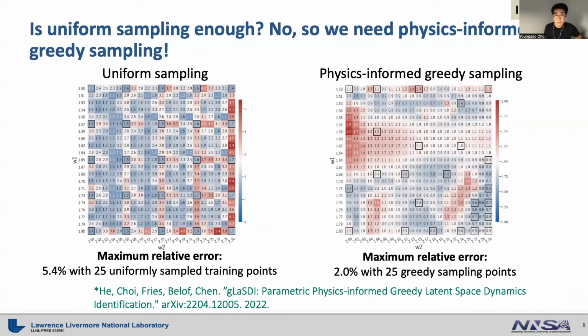As you can see, the training points were not sampled uniformly. More samples were chosen on the right bottom corner, which makes sense because the relative error with the uniform sampling was high on those right bottom corners. With this physics-guided non-uniform sampling method, we were able to achieve a maximum relative error of 2%. This time, the maximum relative error happens on the left side of the parameter space.